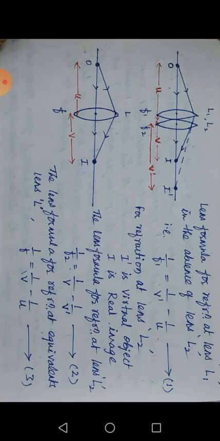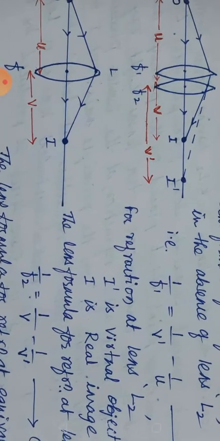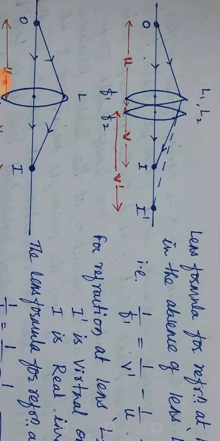Now, refer to the ray diagram. Keenly observe the ray diagram. In this particular ray diagram, L1 and L2 are the two lenses placed coaxially having a common principal axis.